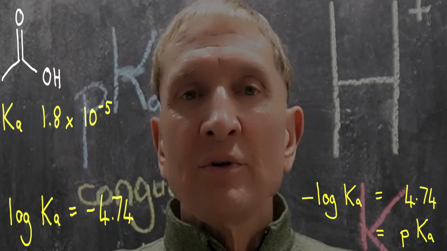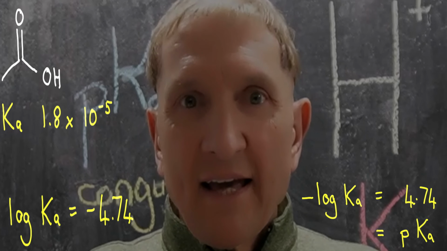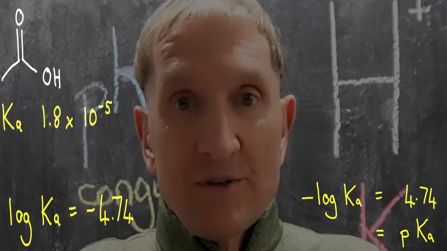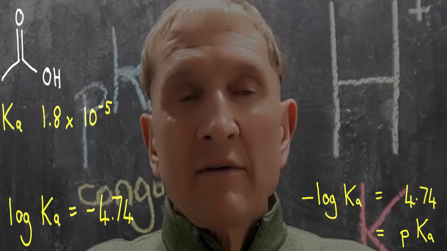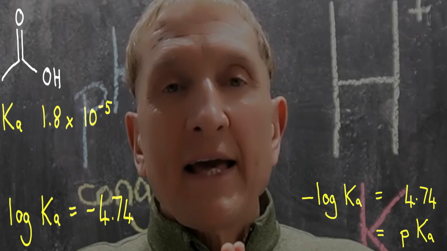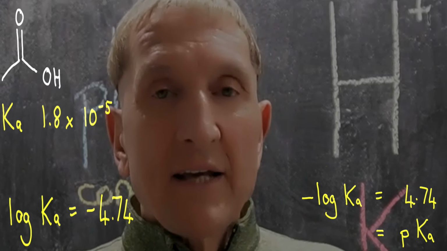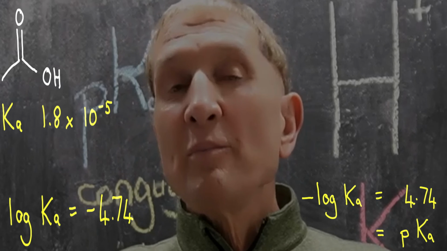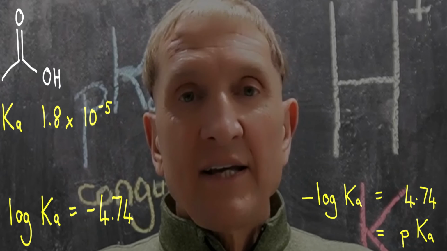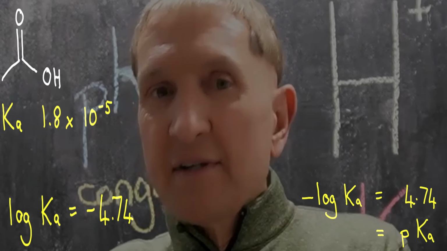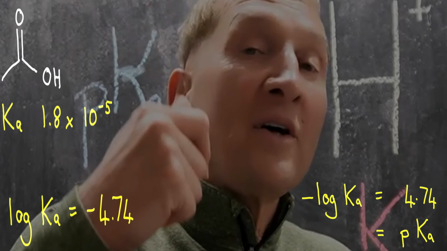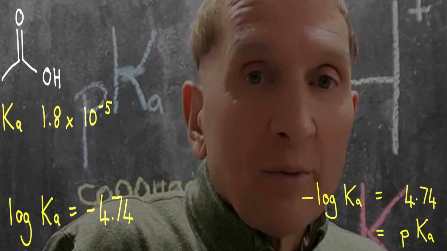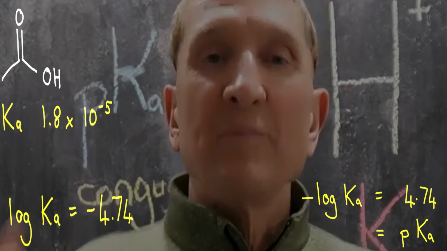A molecule that has a big Ka, generates a lot of protons in solution, will have a small pKa, even a negative pKa in some cases, and it will be a strong acid. So then we can compare acid strength in terms of a strong acid, low pKa, and a weak acid or even a mild base, a higher pKa.